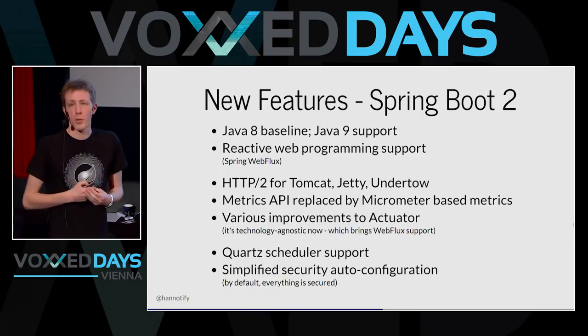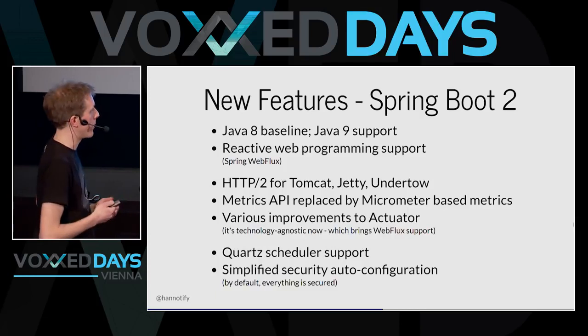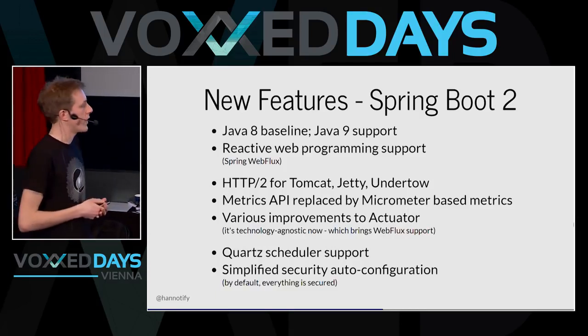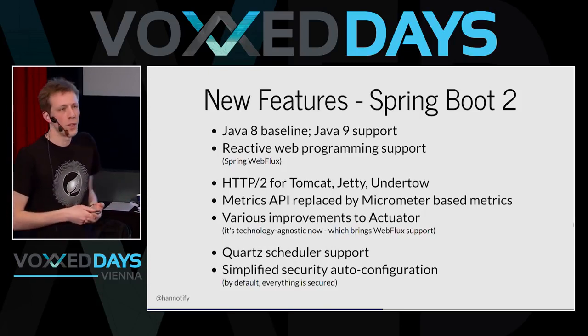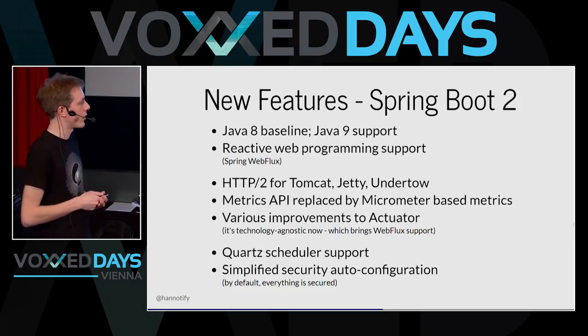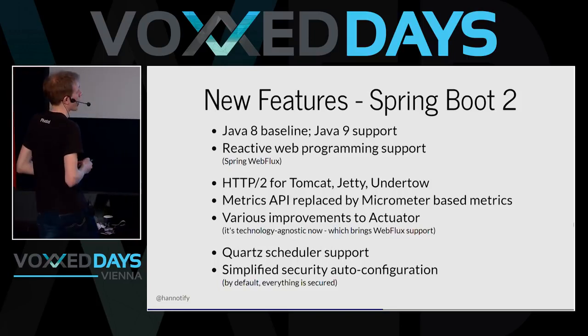In Spring Boot 2, by default, everything is secured, because a lot of people really wanted that to be the default setting. Of course you can override this and configure it yourself in your Spring Security configuration, but you don't really have to if you want to secure everything.